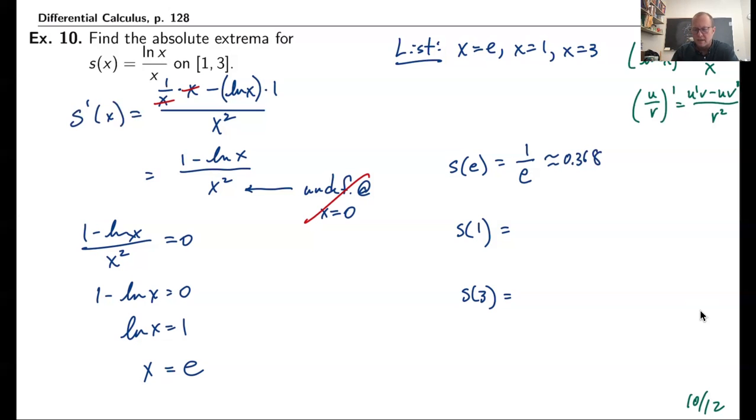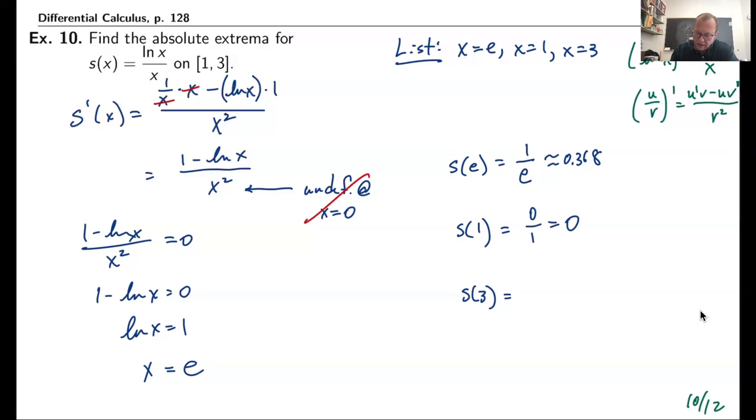Okay, you can be more exact if you want, but please bear in mind all these approximations are not exact numbers. 1 over e is the exact solution, and you don't have to do any more. But we need to compare numbers, so we'll want to do that. All right, when you plug in the 1 to the log x, the log of 1 is 0, and then divided by 1, so we get 0 out of that.